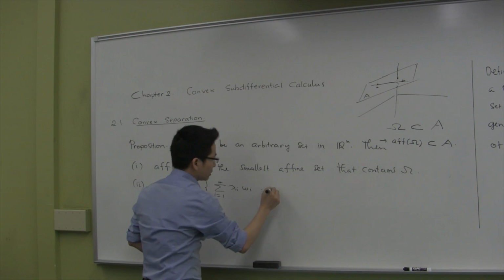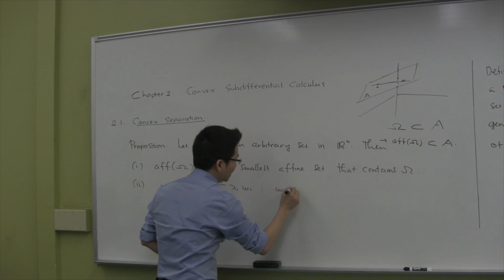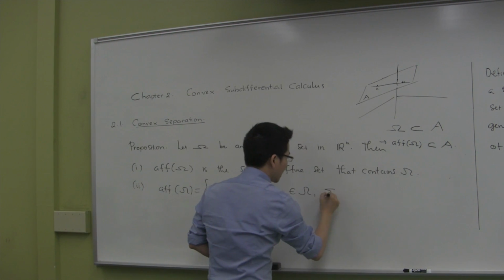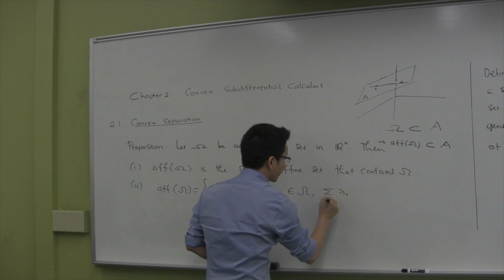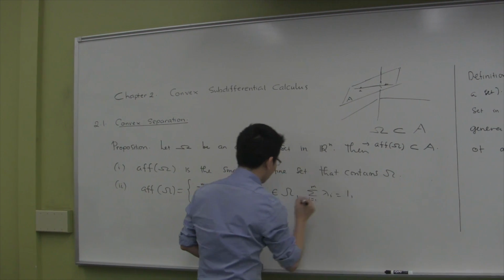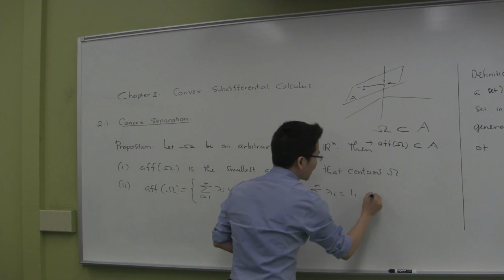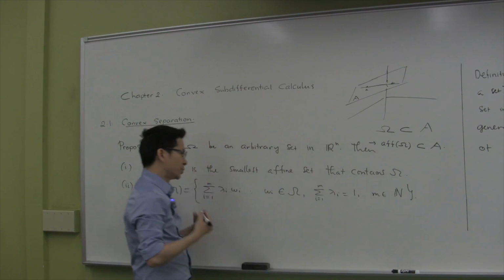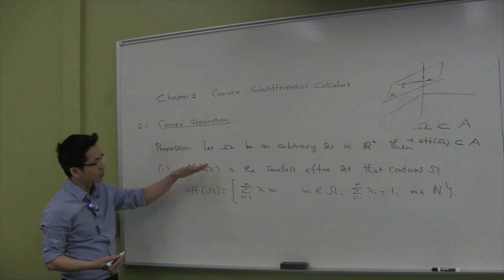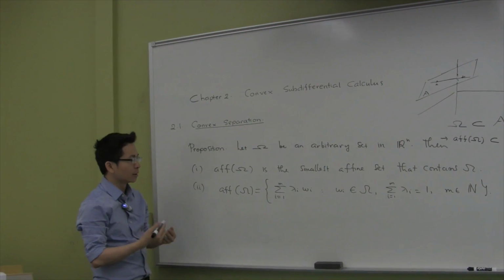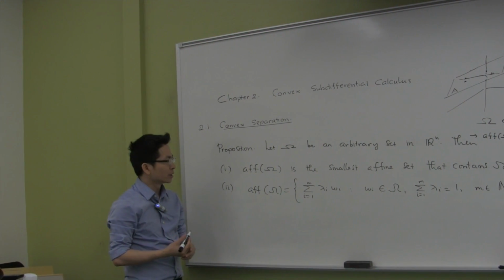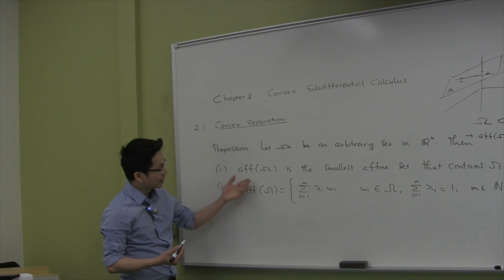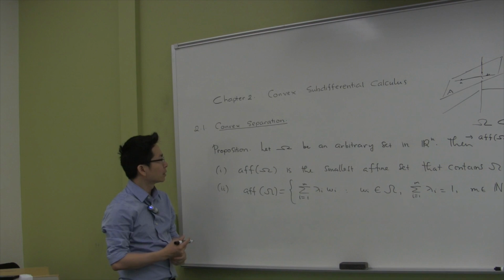Here each omega I belongs to the set omega, the sum of lambda I, where I runs from 1 to m, is equal to 1, and m is any integer. The proof of this property is given in the textbook, and it is similar to the case of the convex hull of a set, so I'm going to omit the proof of this proposition.